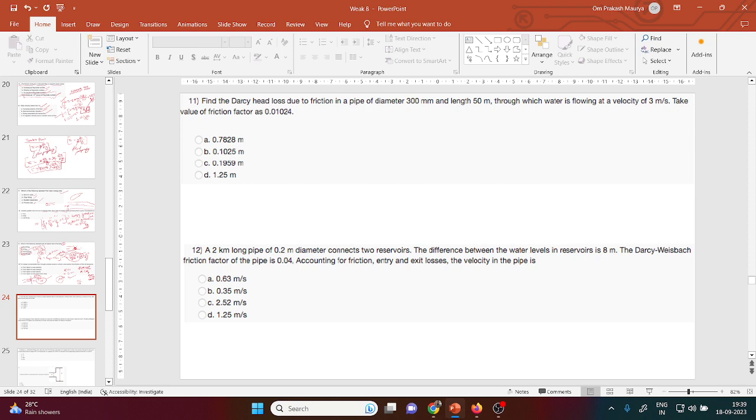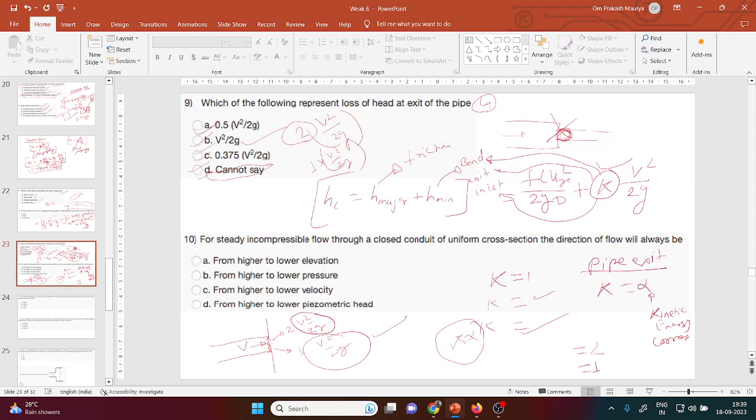Now the next question: what is the significance of that fully developed region? Is there any practical application for that fully developed region? Yes.